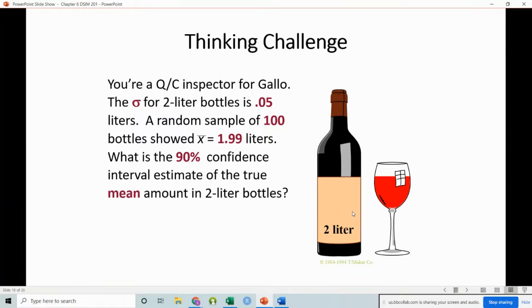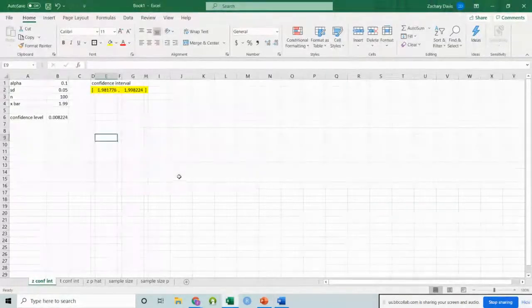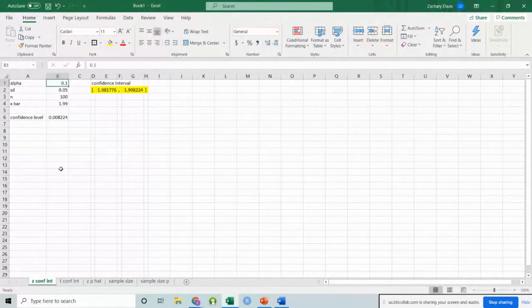So our X bar, or sample mean, is 1.99. Then it asks, what is the 90% confidence interval estimate for the true mean amount in the 2-liter bottles? So that's what we have here.